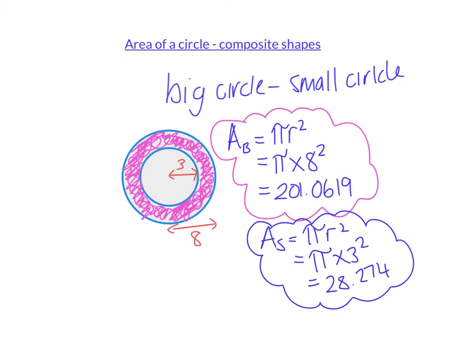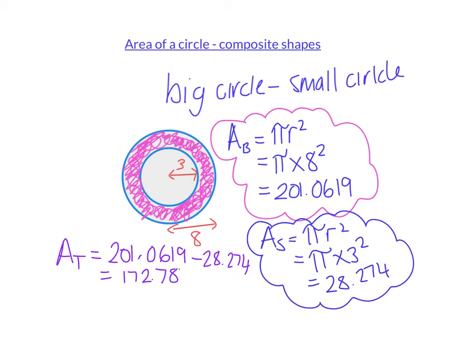And now we need to find the total area, which is the big circle, take away the small circle. And in our calculator, 201.01... will give us 172.7879.